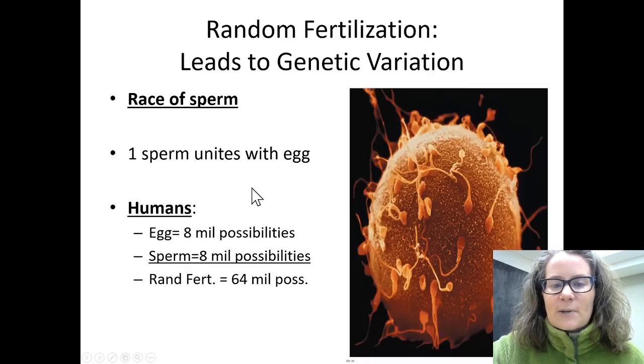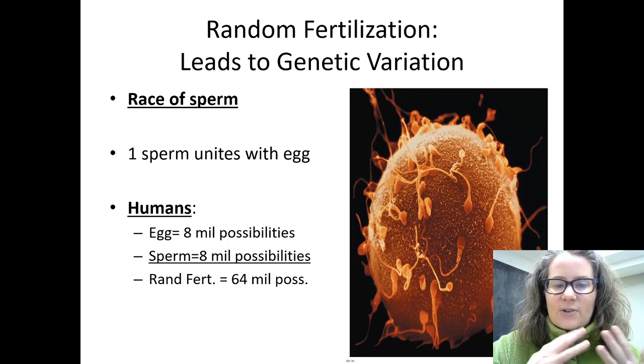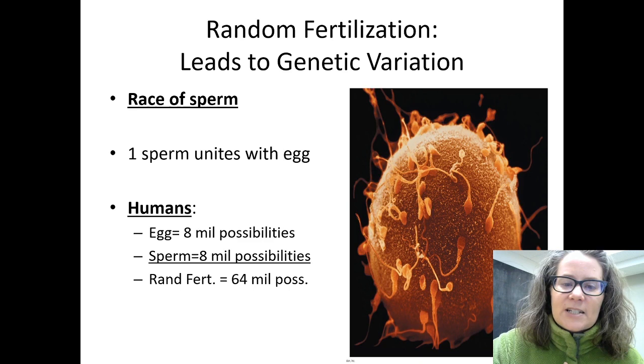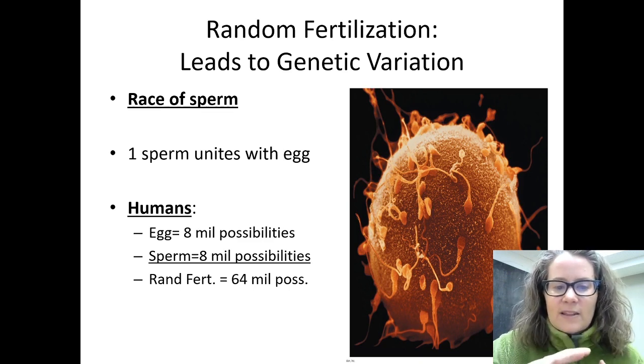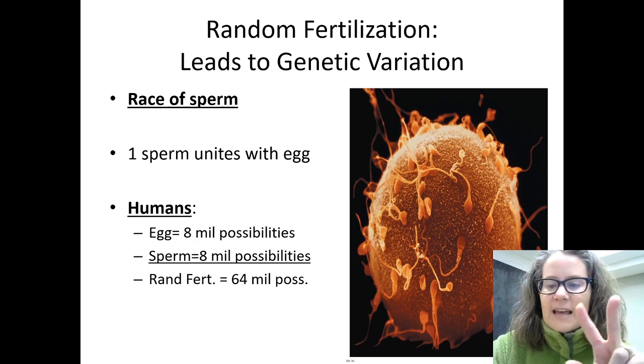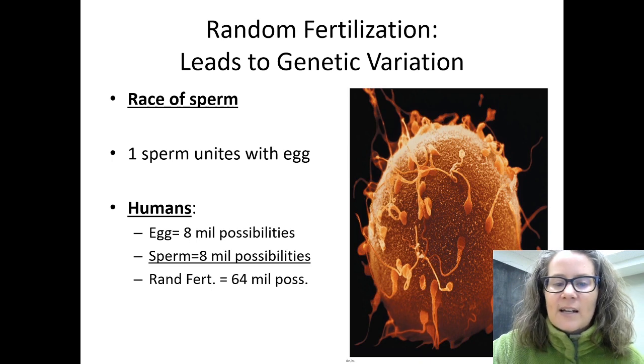Lastly, the race of the sperm. So just after meiosis, in order to create a fertilization event and create this first zygote cell, the sperm actually race to the egg and join with it. If there are 2 different chromosomes that can line up in 2 different ways along the metaphase plate, then eggs in a human create, without considering crossing over, 8 million possibilities, and sperm also 8 million possibilities.